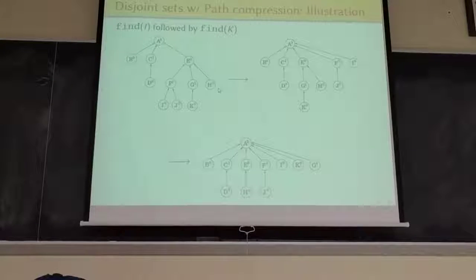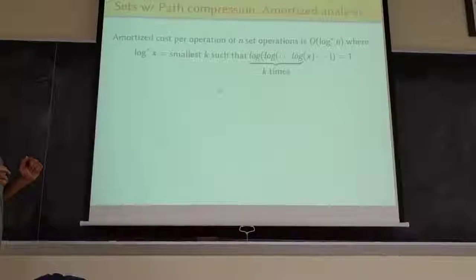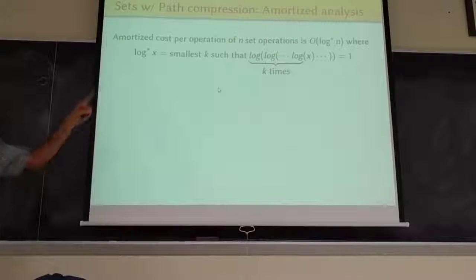The question though is, can you actually show that this improvement actually leads to a faster algorithm? Okay? As it turns out, it really does. And what it does is it changes the algorithm from taking O of log n per operation to O of log star n per operation.